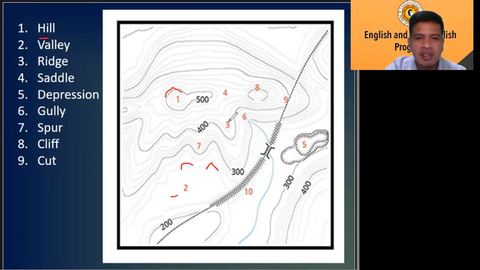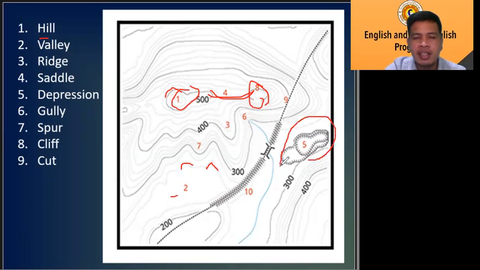Then number four is a saddle. It means that these are two hills, two uphills here, and this one between them is a saddle. And number five, there's a depression here.